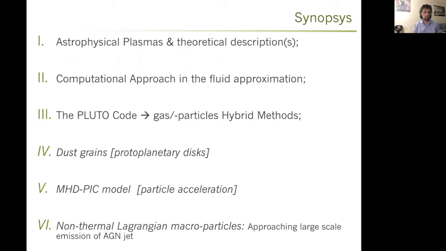Then I will cover 3 different species of particles included in the code, which serve different purposes: dust grains for proto-planetary disks; the hybrid MHD-PIC model, which is particularly useful to model particle acceleration; and lastly a non-thermal Lagrangian macroparticles approach, which is very useful for huge, very large scales. Okay, but let's begin.